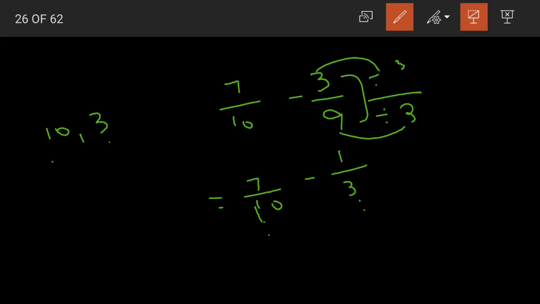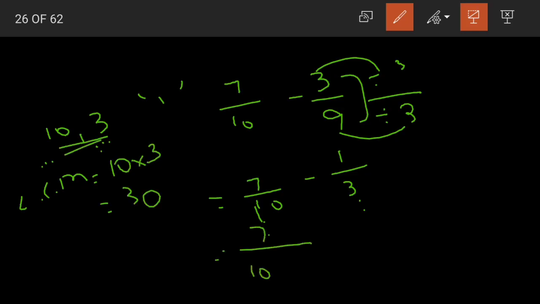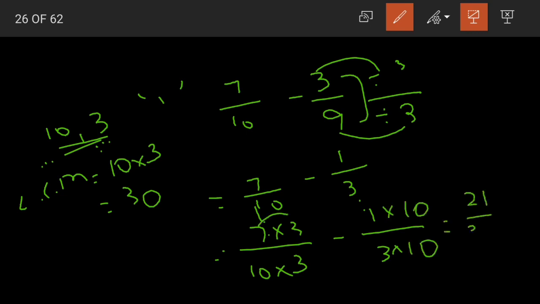These two numbers do not share any common factors other than 1, so their LCM will be their product, 10 into 3, that is equal to 30. So 10 should be multiplied by 3 and 3 should be multiplied by 10 to get 30. 7 3s are 21 divided by 30 minus 1 10s are 10 divided by 30. Now 21 minus 10 divided by 30.